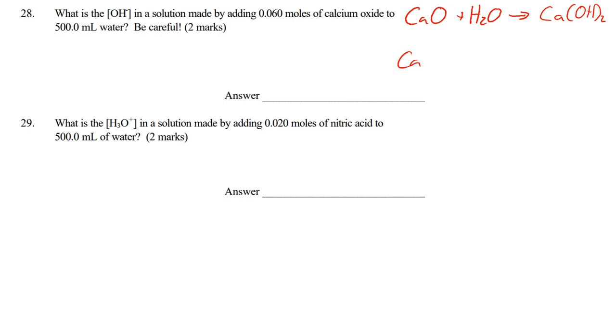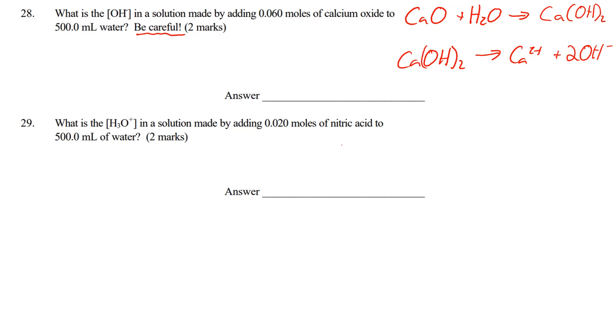If you take that Ca(OH)2, it's going to produce Ca2+, and it's also going to produce 2 OH-. And that's why I put there, be careful when you're doing this one.